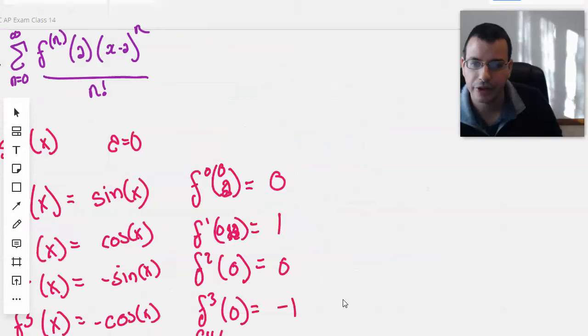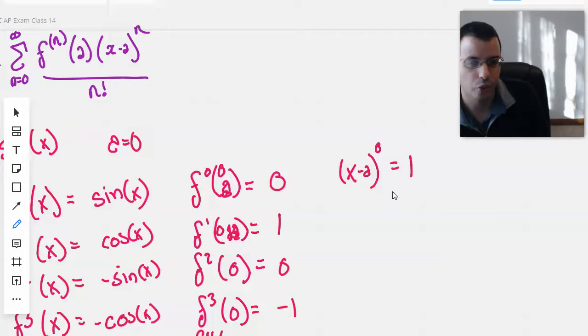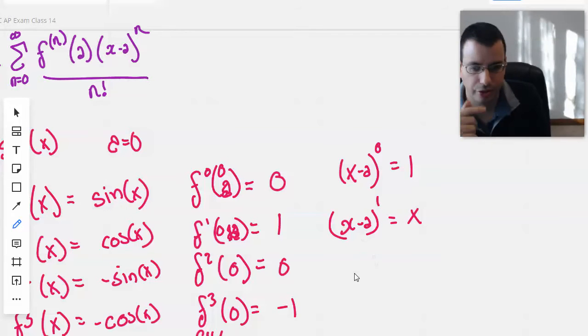Okay? Now we're going to do the binomial portion. So this part right there. X minus a, which is 0, to the 0 equals 1. X minus a to the first equals x, because a equals 0.